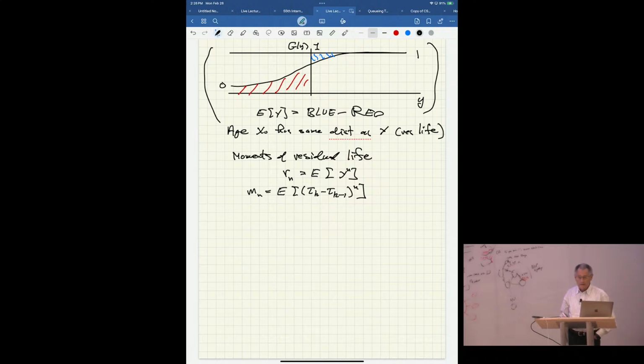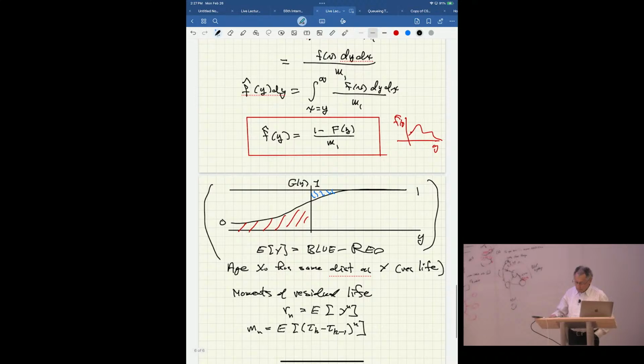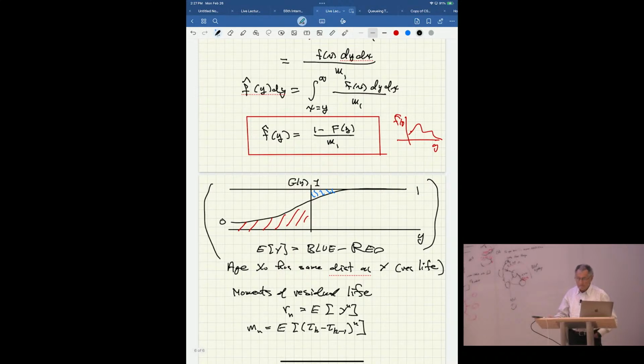Yes? Not really. I just pointed out that the numerator 1 minus f of y is something related to the mean of a typical distribution.